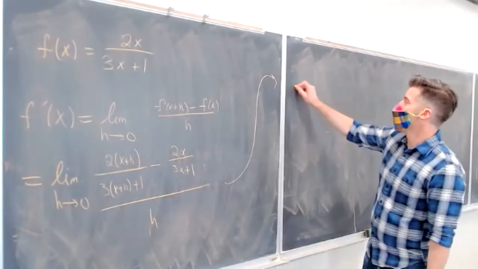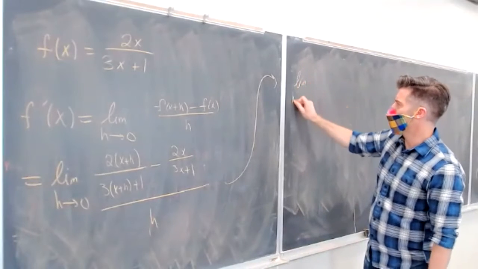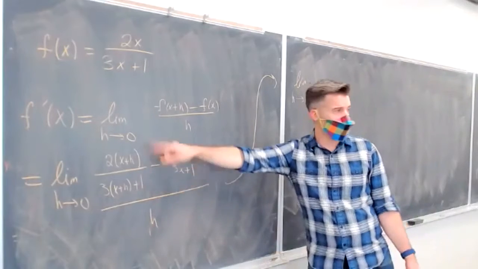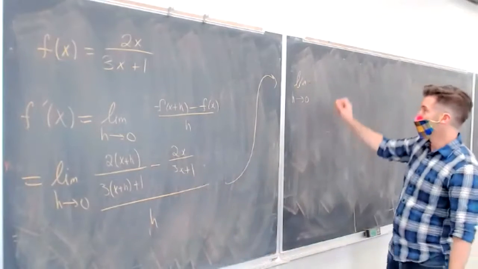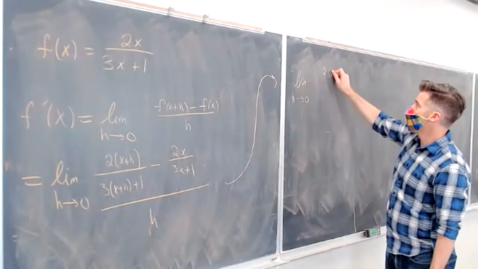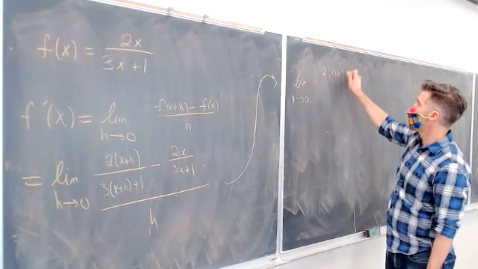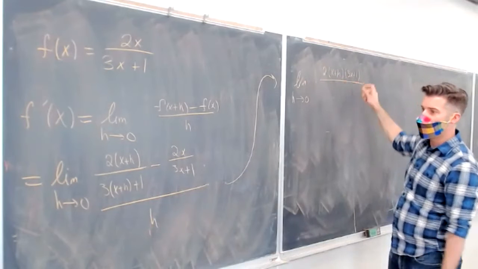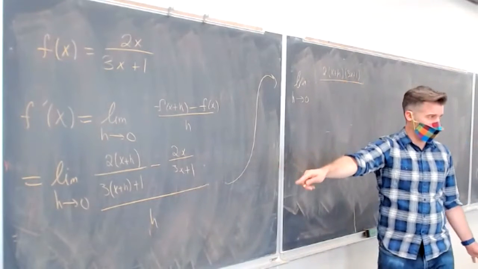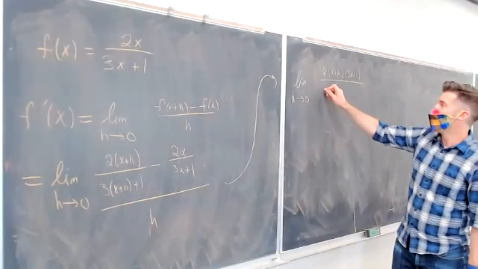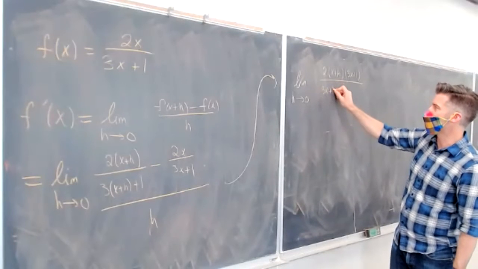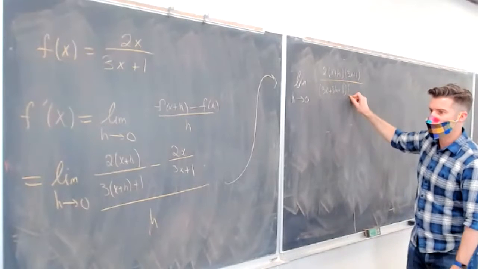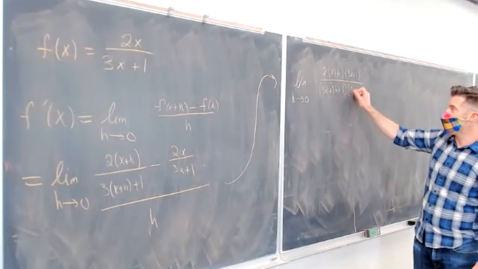Oh boy. So the limit as h goes to 0 of, I'm going to multiply this by 3x plus 1 over 3x plus 1. We have 2 times (x plus h) times (3x plus 1) over, I'm also going to distribute that 3 just so we can see what it is, 3x plus 3h plus 1 times 3x plus 1.